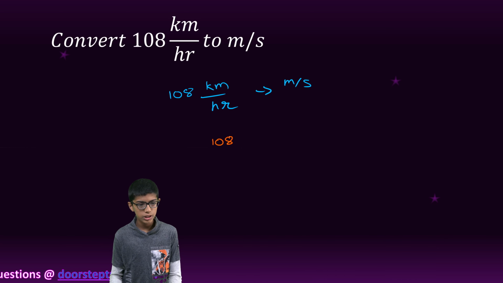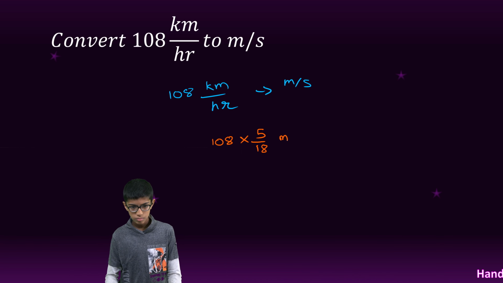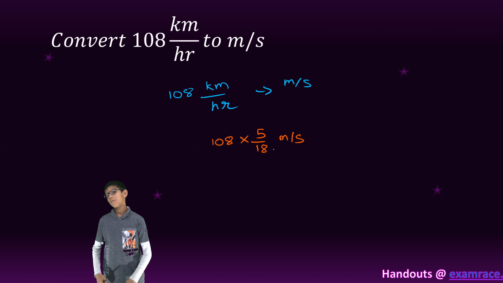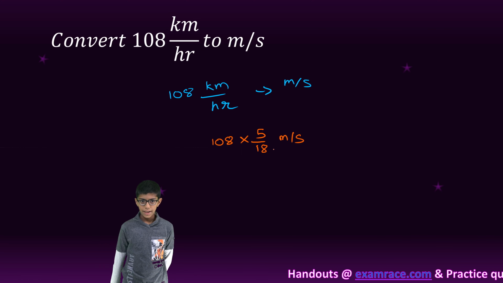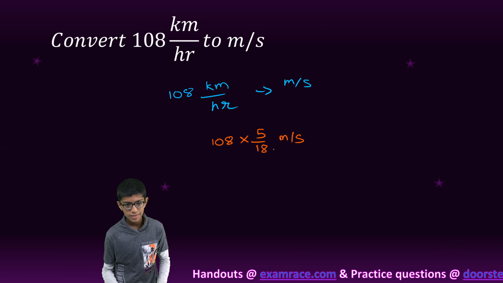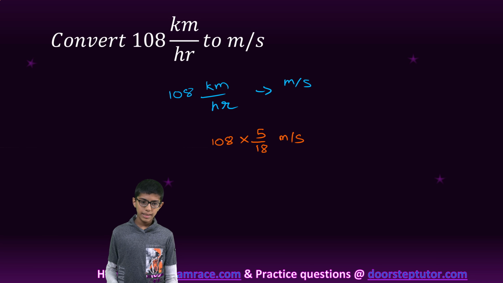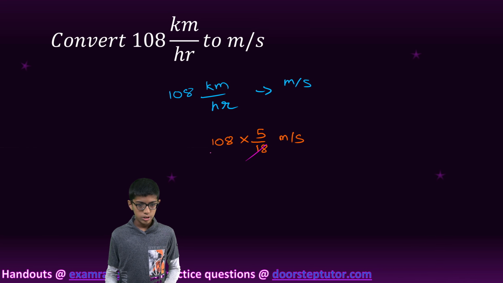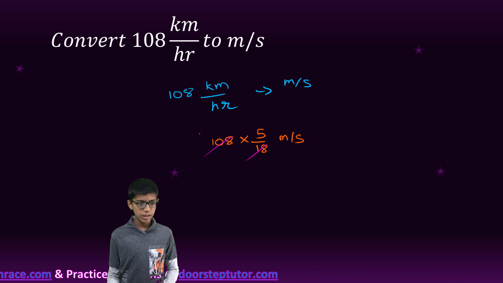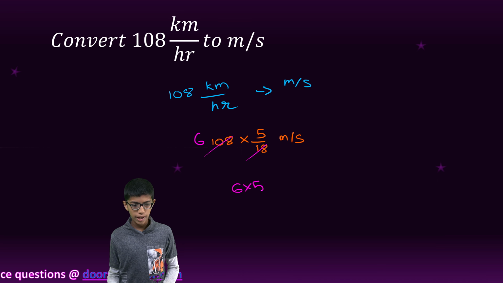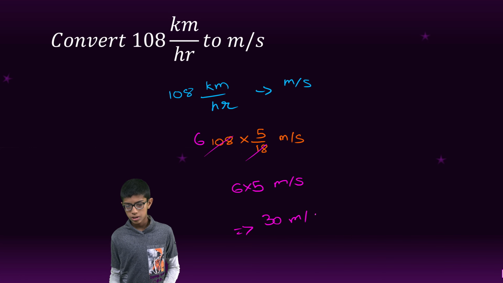Therefore 108 into 5 by 18 meters per second. Now you will solve it on your own. Yes, I think you have solved correctly. So 18 and 108 will cut 6. 6 into 5 meters per second, and that is 30 meters per second.